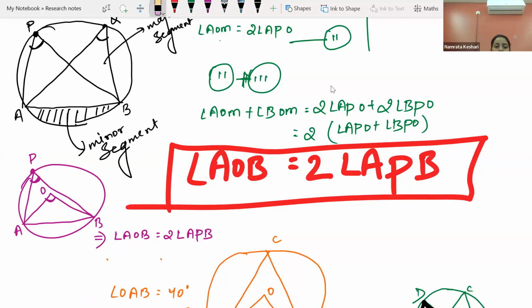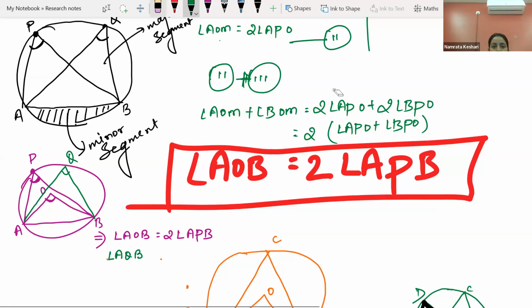Okay, and what about the case if suppose one more angle is getting created like this, Q? Then the theorem that we proved about the center will also be valid. We can say that this angle AQB, I mean the center angle AOB, will be double of AQB.